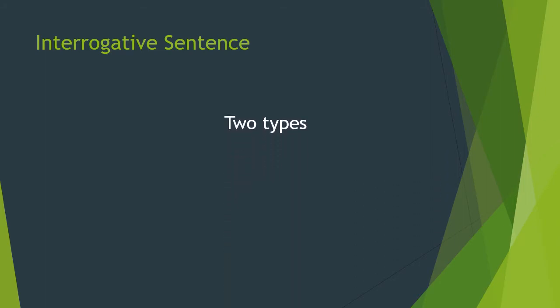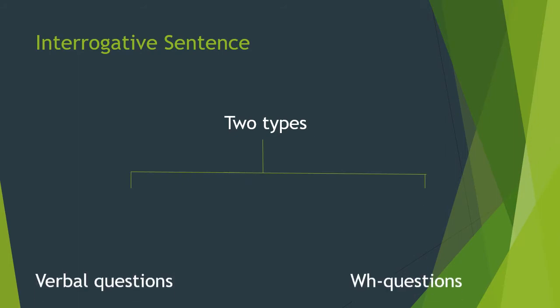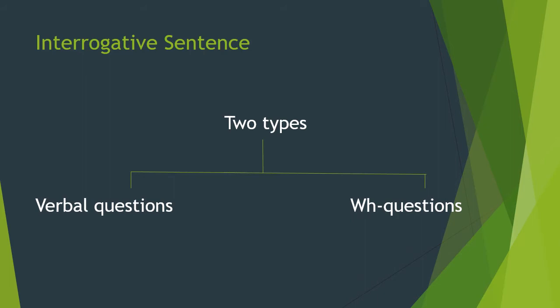Interrogative sentences are of two types. One is verbal question and the second one is WH questions. What is a verbal question now? Verbal questions are otherwise called yes or no questions.